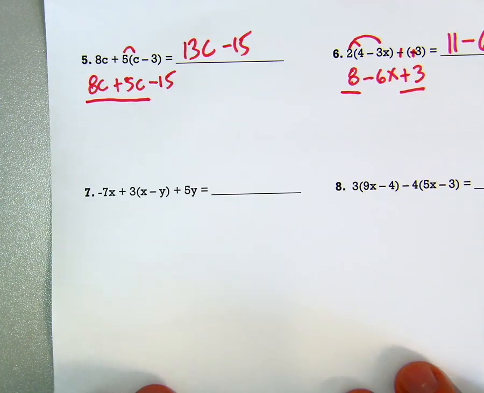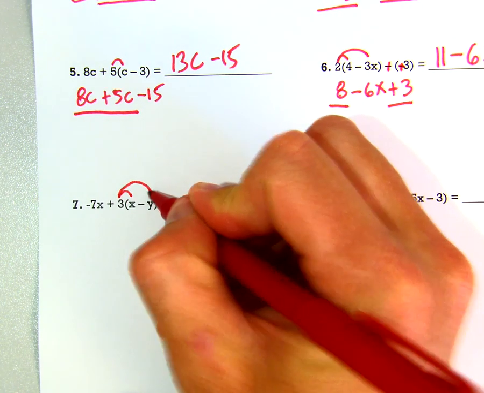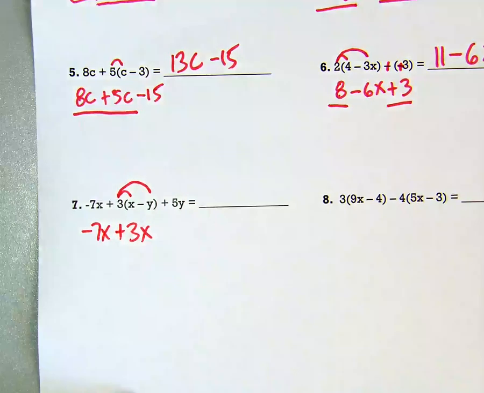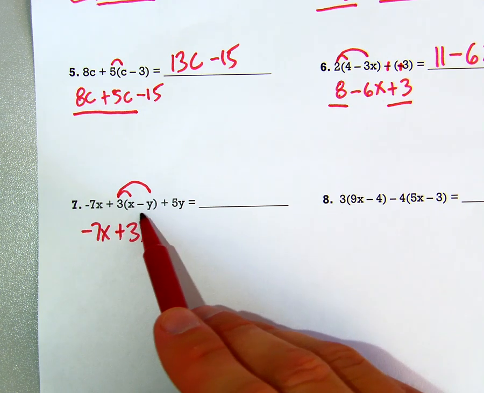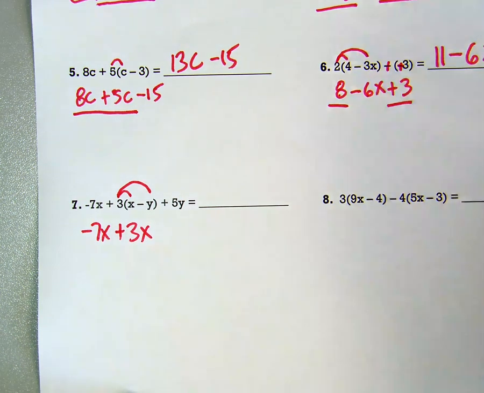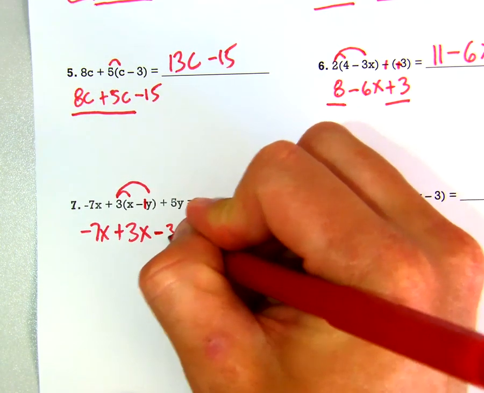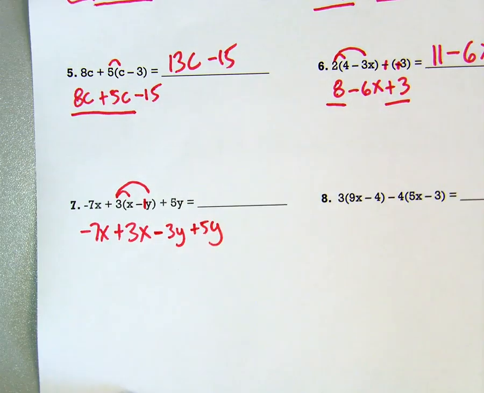And number 7, negative 7x plus 3. Let's go ahead and distribute all this out. So negative 7x plus, it's going to be 3x. And then we have a 3 times y. Remember, it's a negative y. Whenever you have a variable by itself, it's just like having a 1 there. So we're really just doing 3 times negative 1, which is negative 3y. And then let's do plus 5y.